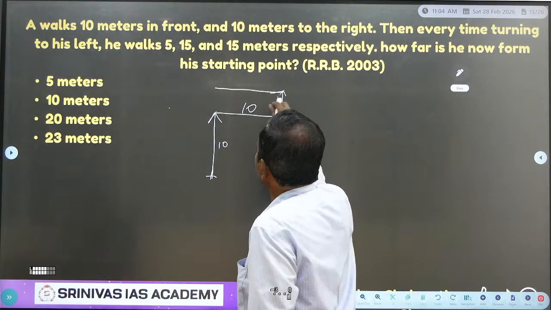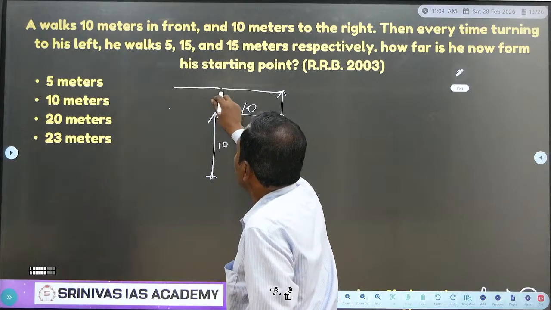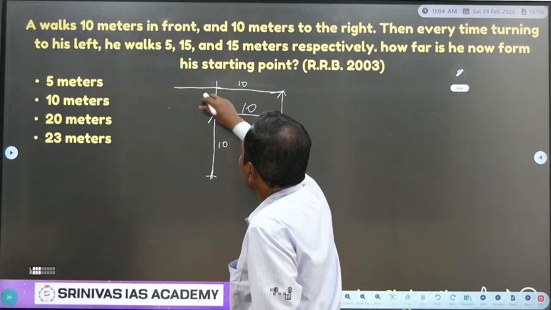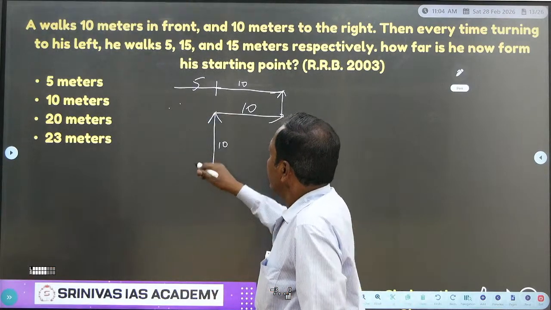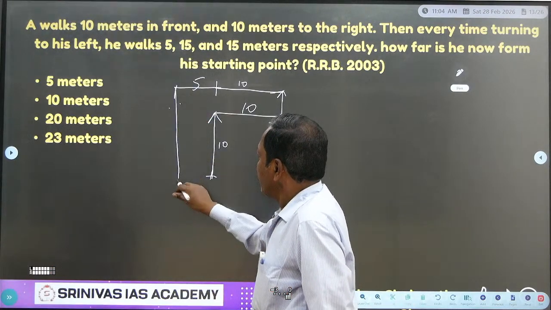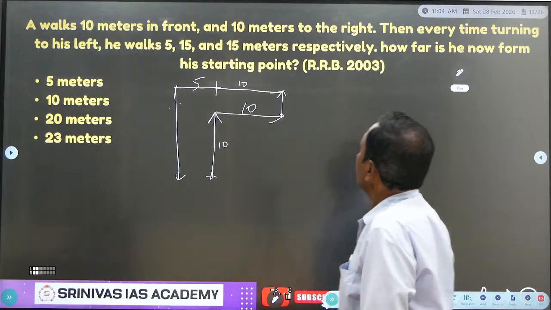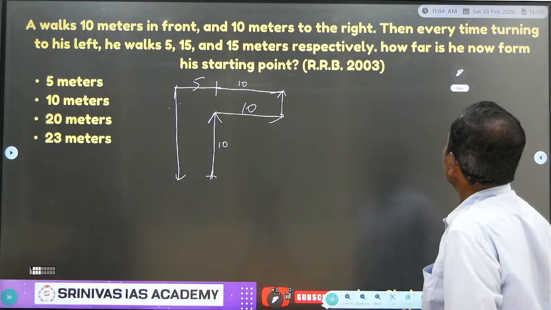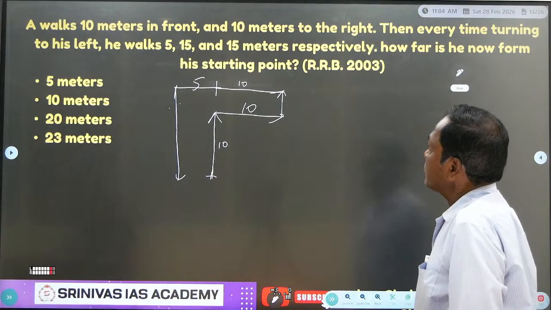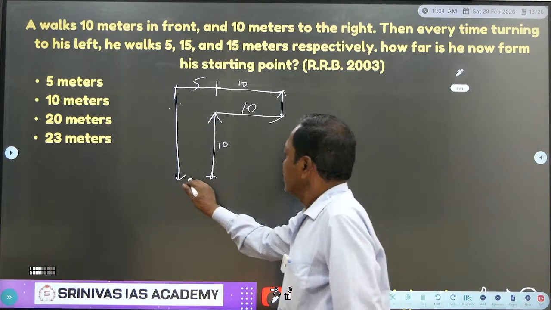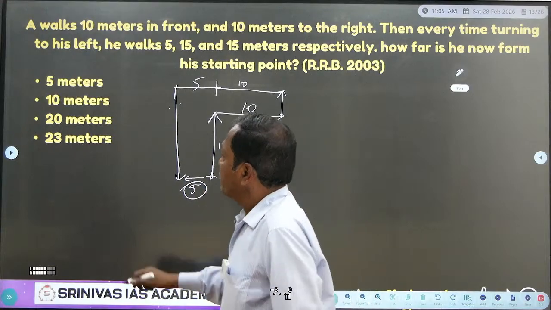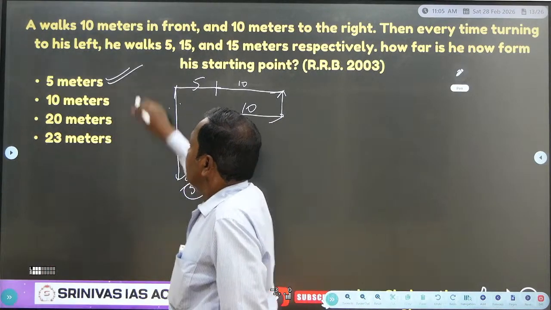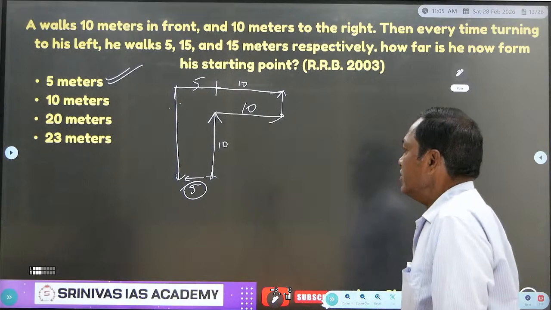This is 10, and this is 5. Again 15 left, one more left, exactly down. So it comes parallelly here. How far is he now from his starting point? That is 5 meters. Option A.